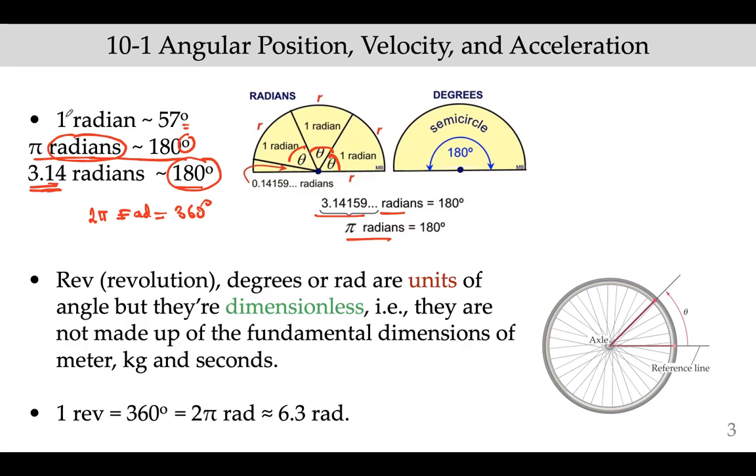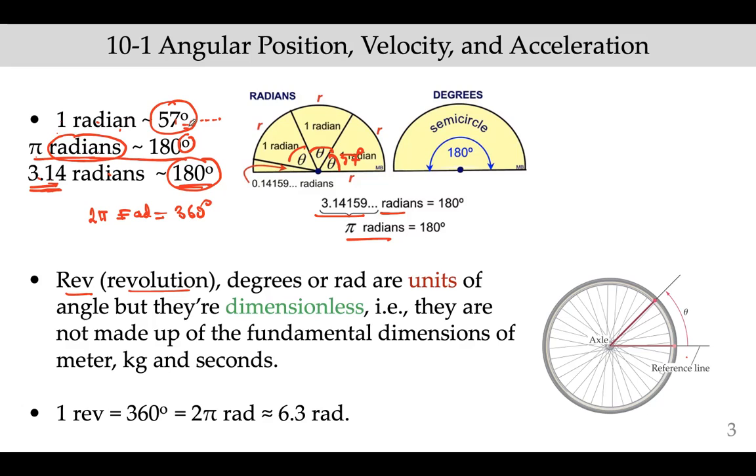And if pi radians or 3.14 radians is 180 degrees, then 1 radian is approximately 57 degrees. In reality, it's 57.2 something, so it has the fractional part as well, but that's good enough.